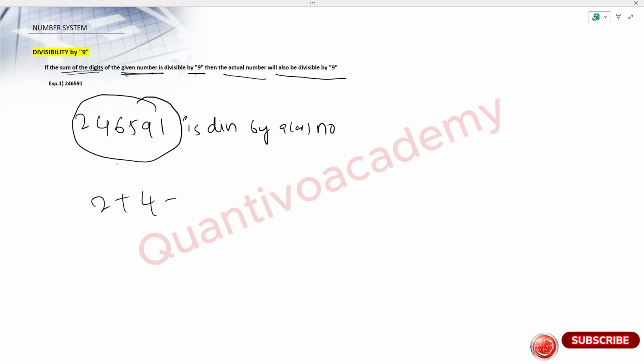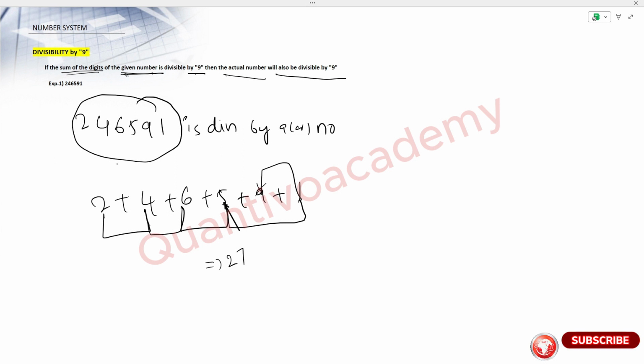2 plus 4 plus 6 plus 5 plus 9 plus 1. So 2 plus 4 is 6, 6 plus 6 is 12, 12 plus 5 is 17, 17 plus 1 is 18, 18 plus 9 equals 27.